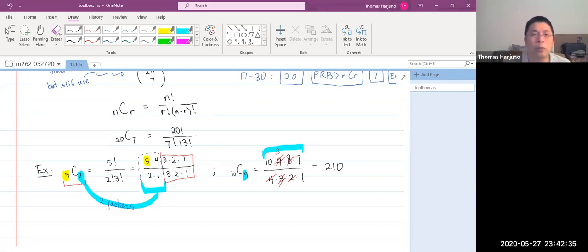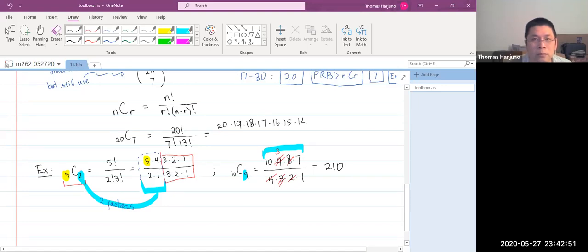Then, going back, how do we compute 20 combination 7? On the top, I start from 20 and take 7 factors down. And on the denominator, I start from 7 going down to 1.